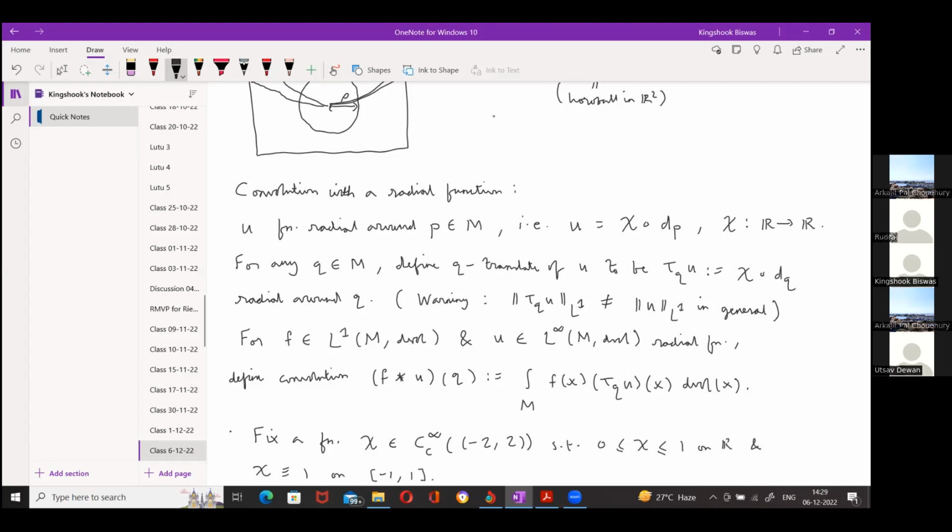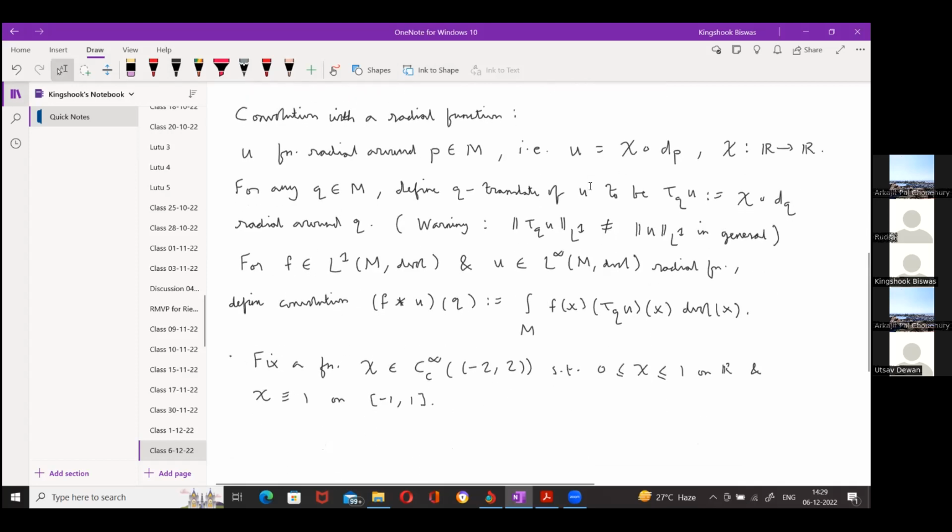So you want to convolve with a function whose L1 norm is constant, whose L1 norm is 1, let's say. So it defines a probability measure: a non-negative function whose L1 norm is 1. So you could take its translates.